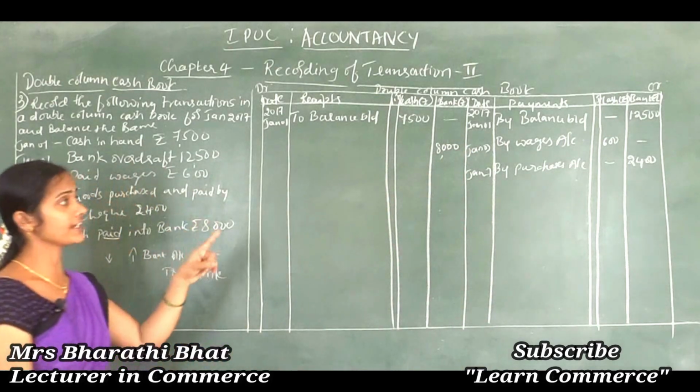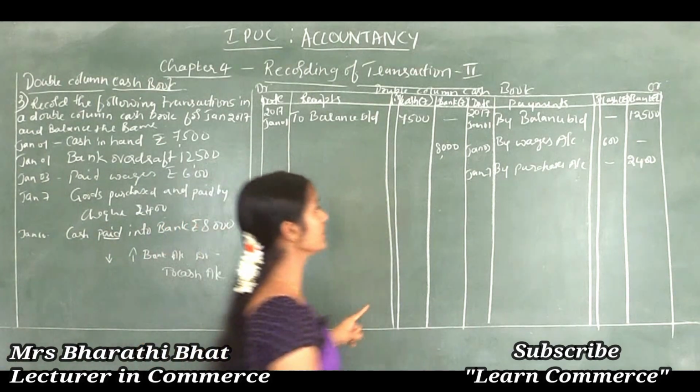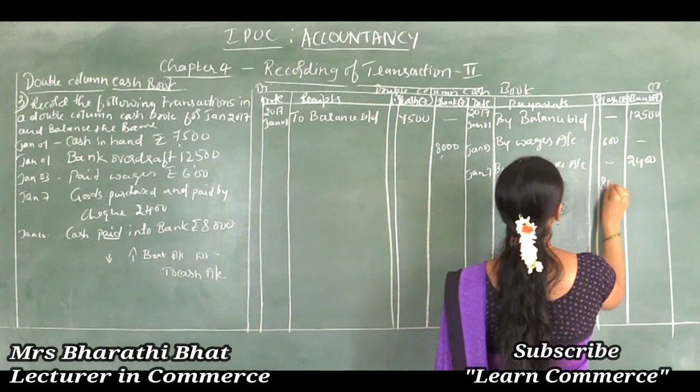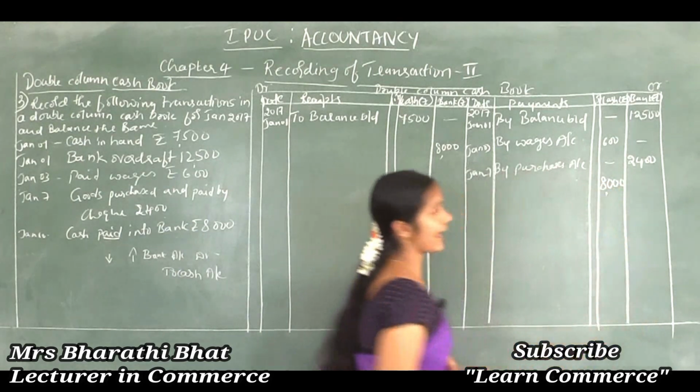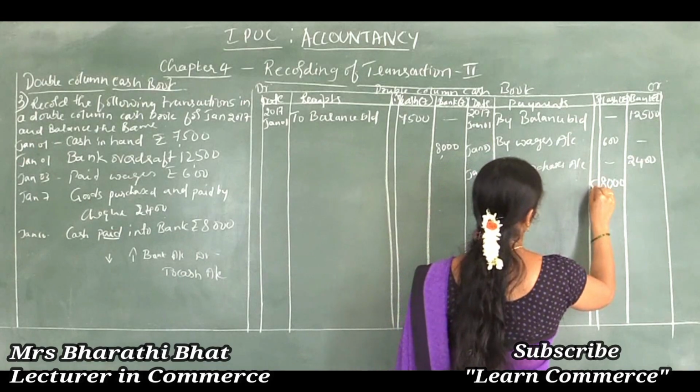Bank received 8,000, not 80,000, and our cash decreases, correct? So this is the contra entry.